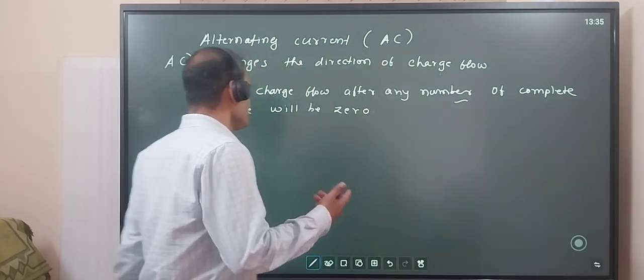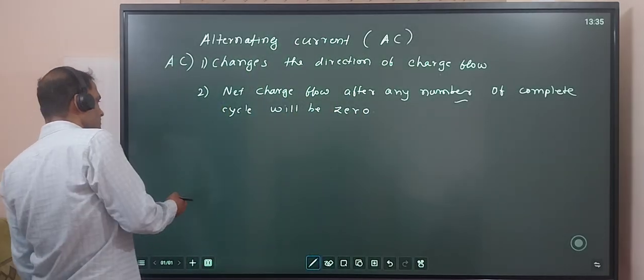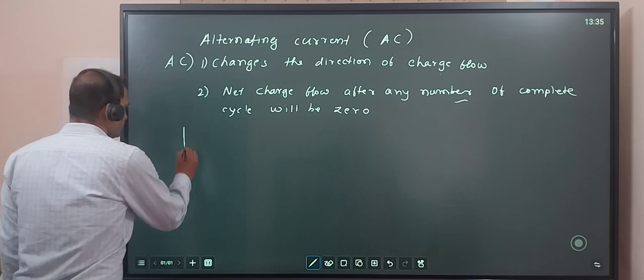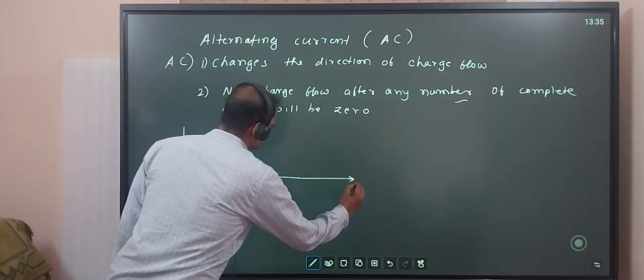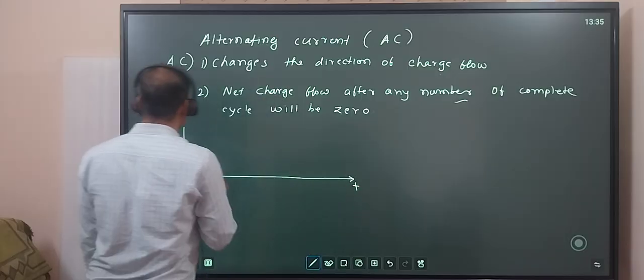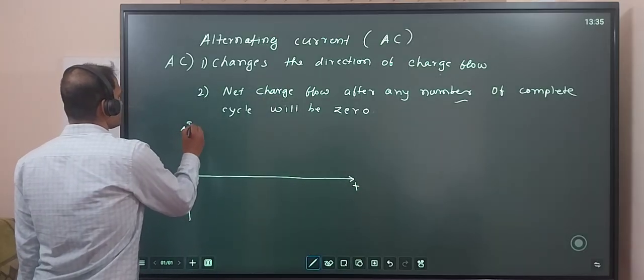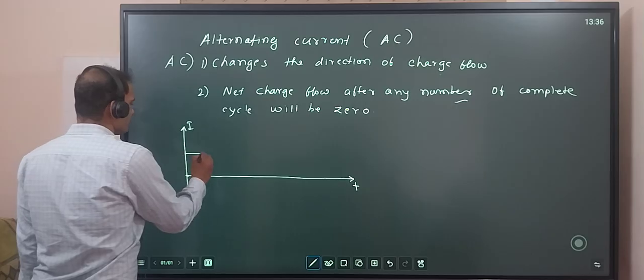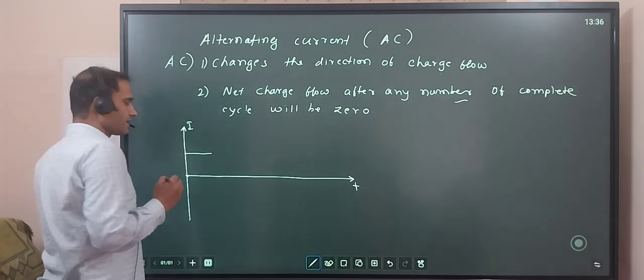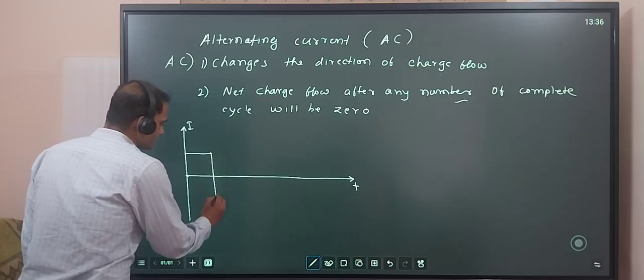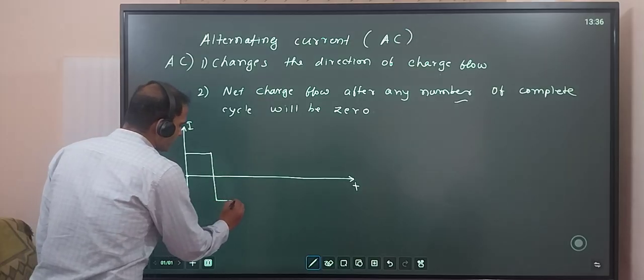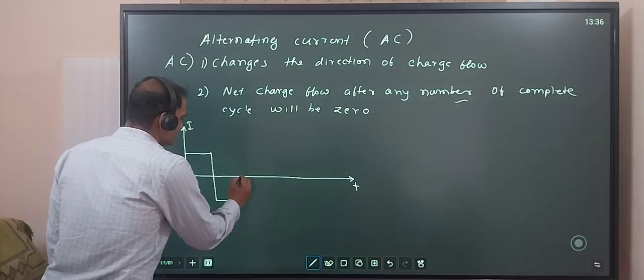For example, I will give you one example where it is not varying. This is the time axis and this is the current axis, and see, current is positive. Then it becomes negative suddenly, and for the same amount of time it remains negative.